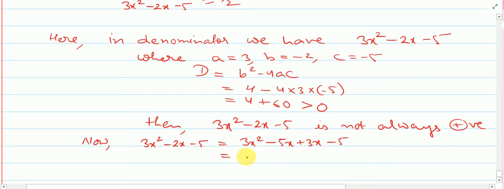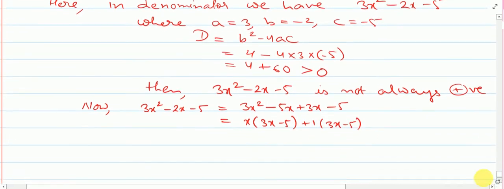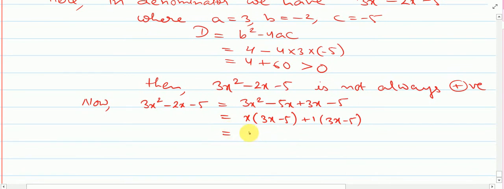So we get x into 3x minus 5 plus 1 into 3x minus 5. So x plus 1 and here 3x minus 5.